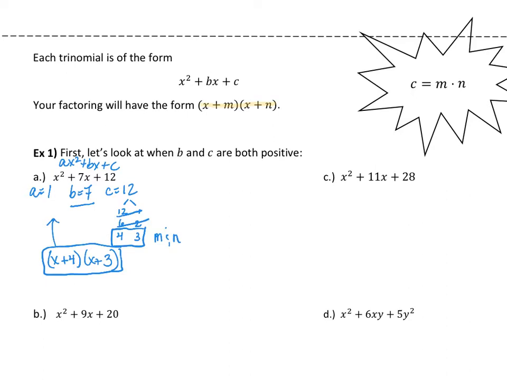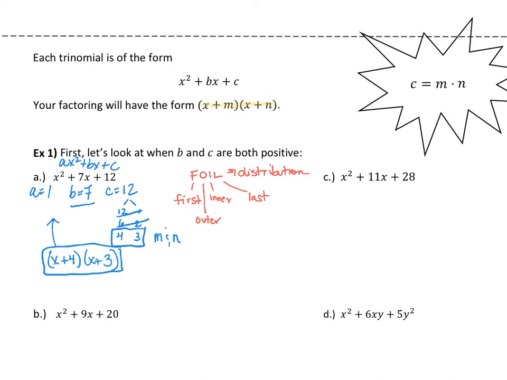Now, what you can always do to check is we can work on what we call FOIL. And FOIL is a form of distributing. And it's just so you don't forget anything. So F stands for first, O stands for outer, I stands for inner, and L stands for last.